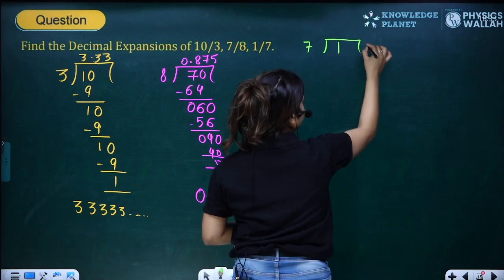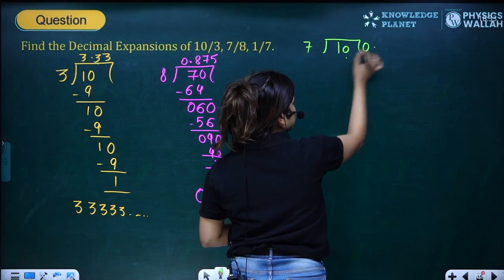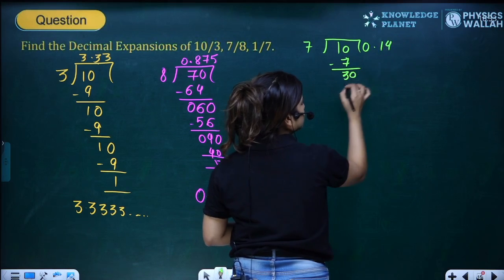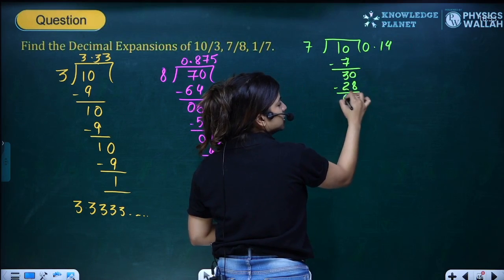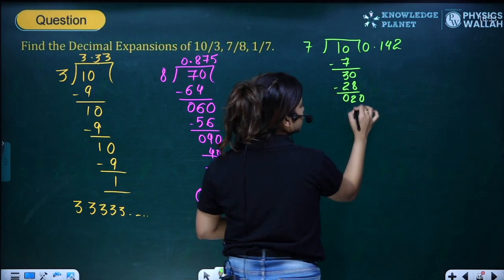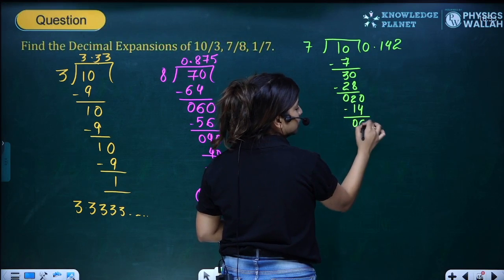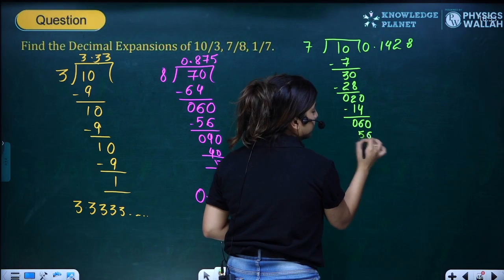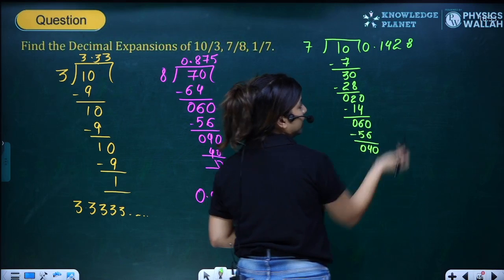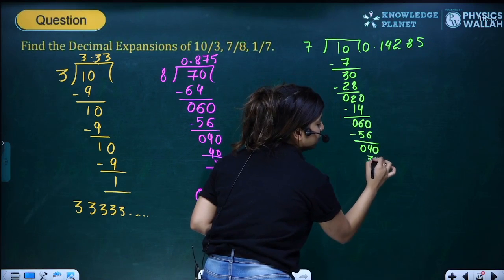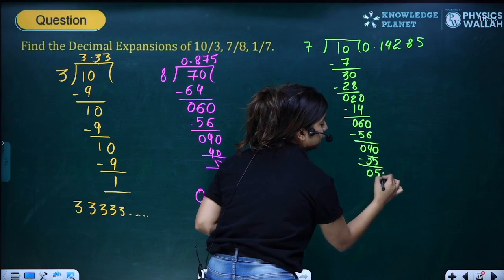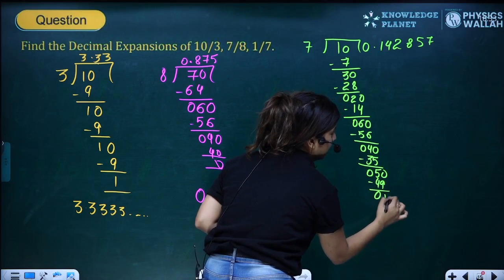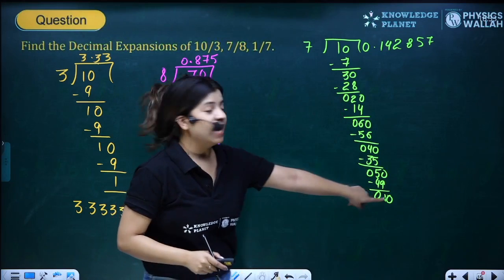This is 0.10. 7 ones are 7, minus, 3, 30. 7 fours are 28, minus, 2, 20. 7 twos are 14, minus, 6, 60. 7 eights are 56, minus, 4, 40. 7 fives are 35, minus, 5, 50. 7 sevens are 49, minus, 1, 10. Now I can see that again I have 10.